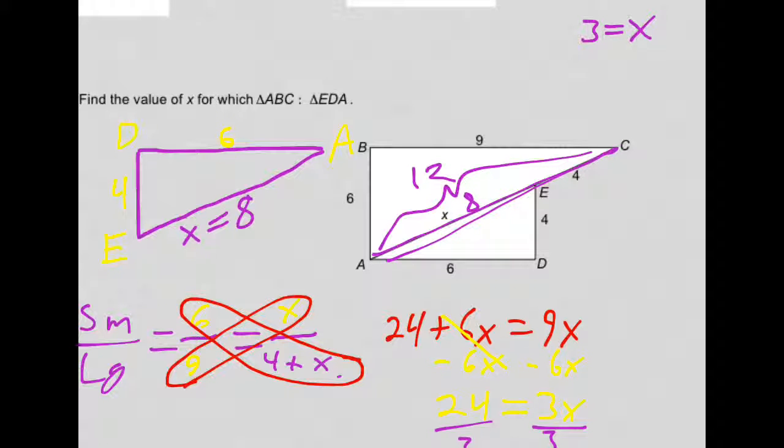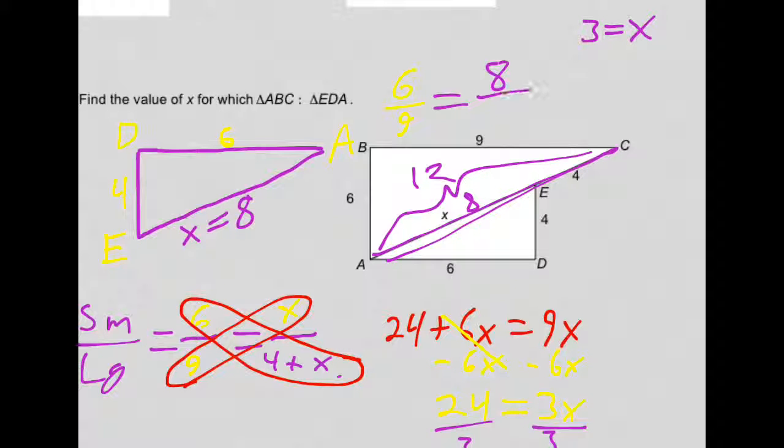And so I can say my ratio was 6 over 9. Remember, I just got 6 over 9 equals 8 over 12.